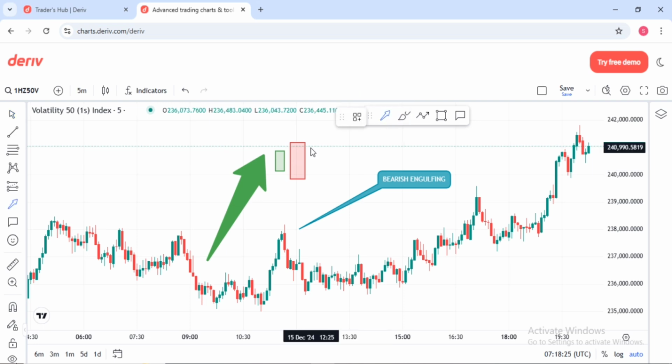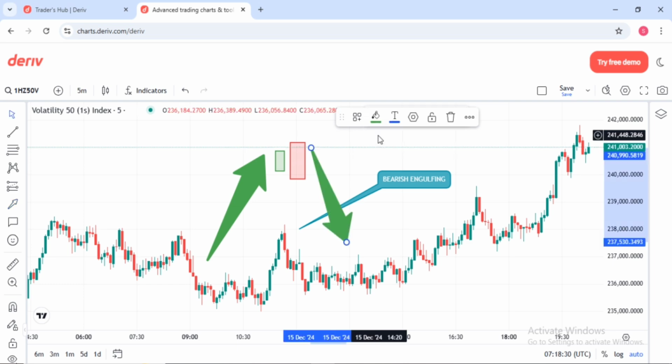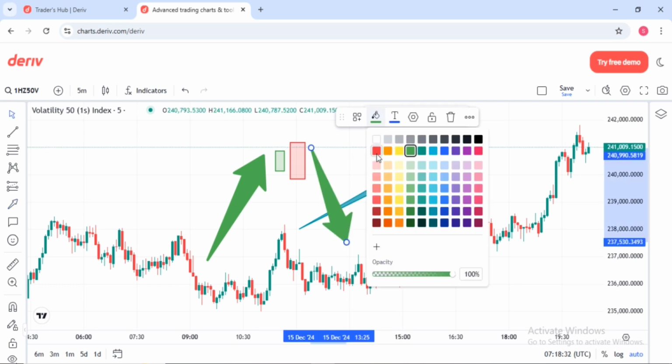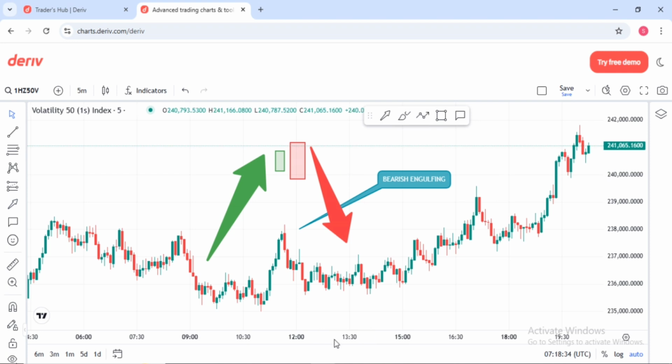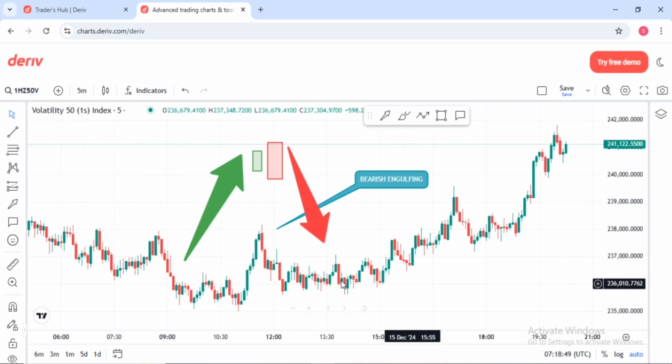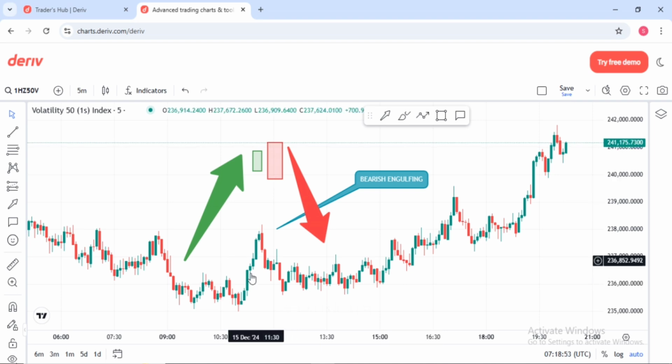What this means is that this market is going to reverse. So this candle pattern is a reversal candle pattern. So there is an uptrend, and a green candle is formed that is completely engulfed by a red candlestick. This signifies a downtrend. Let me give you an example. If you look at this part here, you realize that there is an uptrend here.